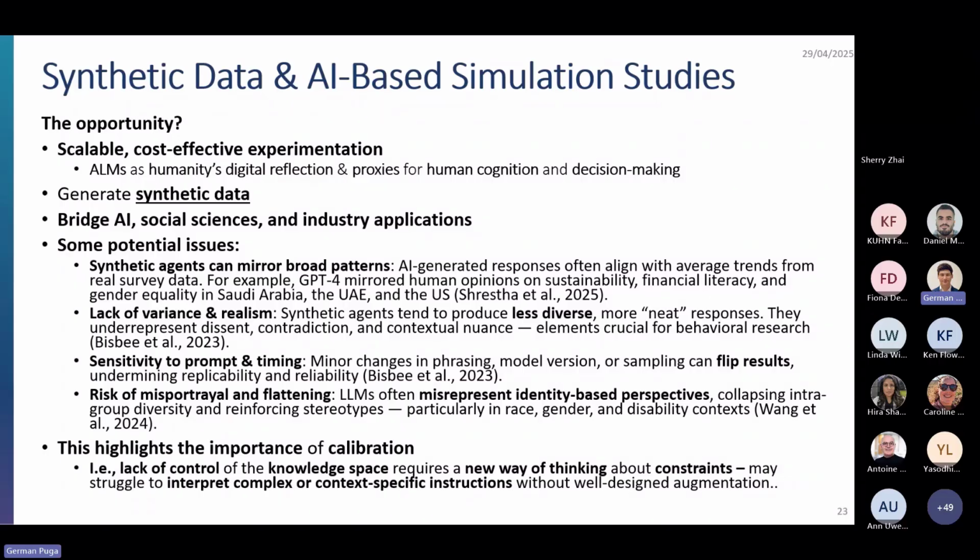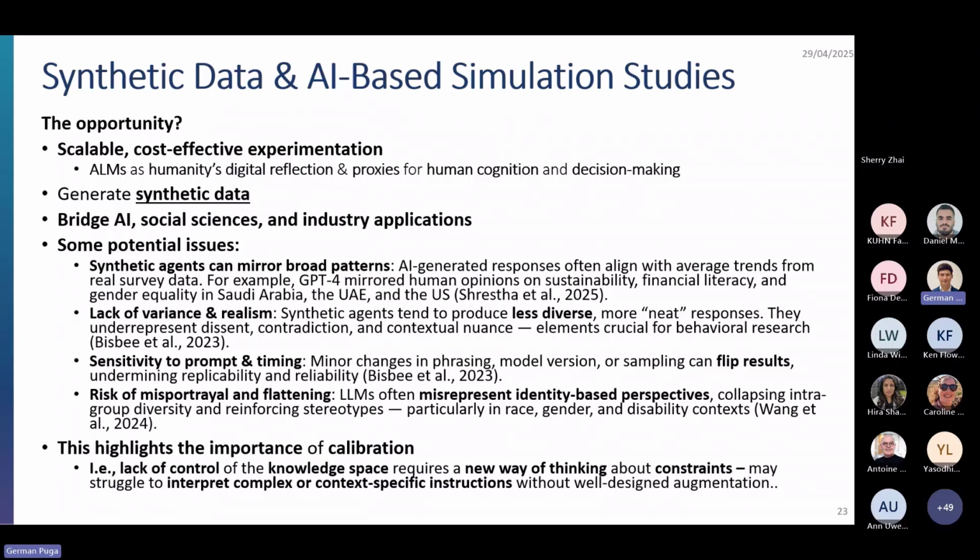Now, I alluded a little bit to synthetic data generation using AI-based simulation studies. Owing to the human corpus of the internet, the models have picked up biases or characteristics of humans embedded in human text, human data, right? They're trained on human data.